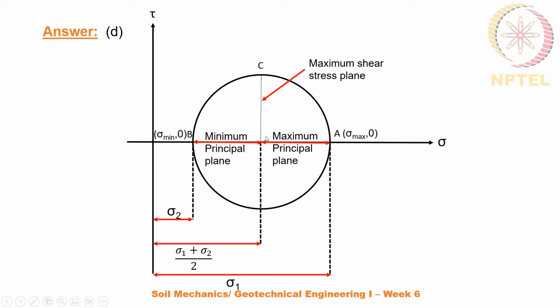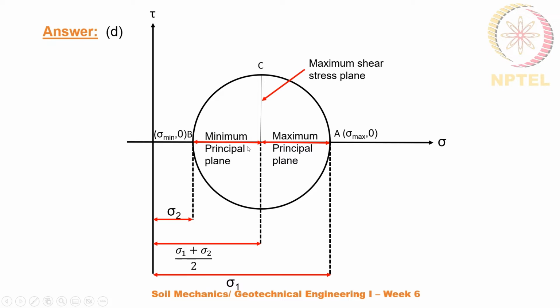So the value of normal stress in that plane will be this distance, that is sigma 1 plus sigma 2 by 2, because from here to A we have sigma 1 and from origin to B we have sigma 2.